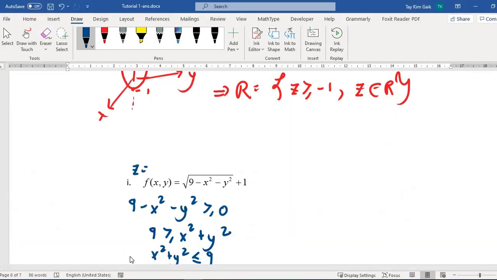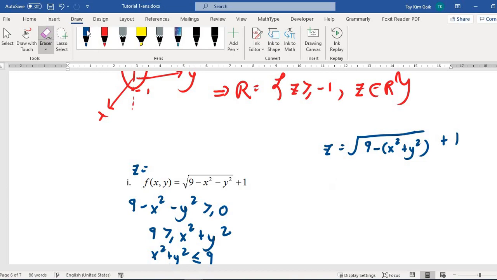Similarly, for this one we have z equal to the square root of 9 minus x squared minus y squared, plus 1. I put out the 9 and the domain.